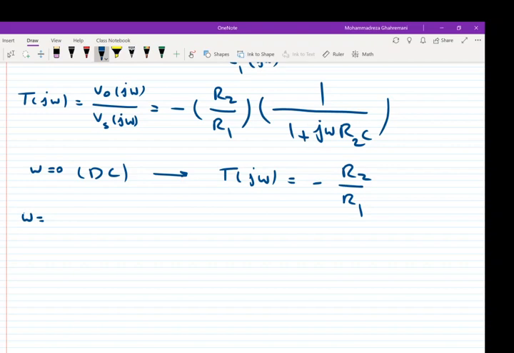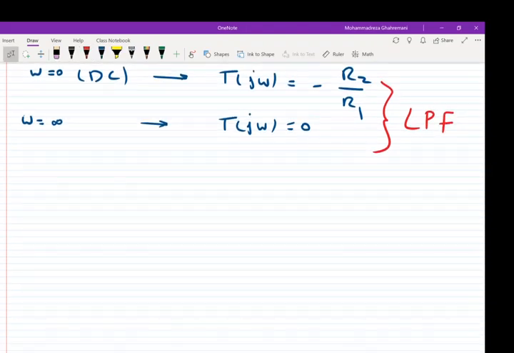For omega equal to infinity, this fraction will be equal to 0, so the entire gain will be equal to 0. So T of j omega is equal to 0. So if we look here, we see that for low frequency we have a signal equal to negative R2 over R1, and for high frequency we have no signal, all signals have been blocked. So this is a characteristic of a low pass filter.